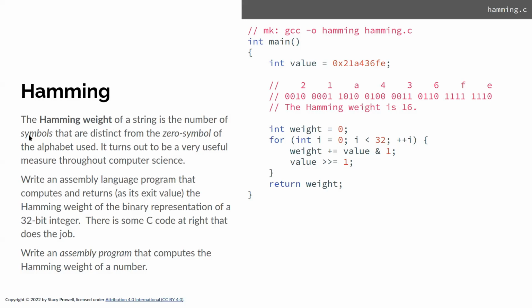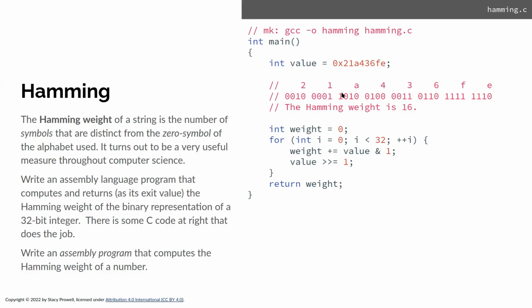The Hamming weight of a string is the number of symbols that are distinct from the 0 symbol of the alphabet used. So if it's decimal 100, the Hamming weight of that decimal number is 1. There's a single non-zero digit in there. For a binary number like this, it's just the number of ones that are present in that number.